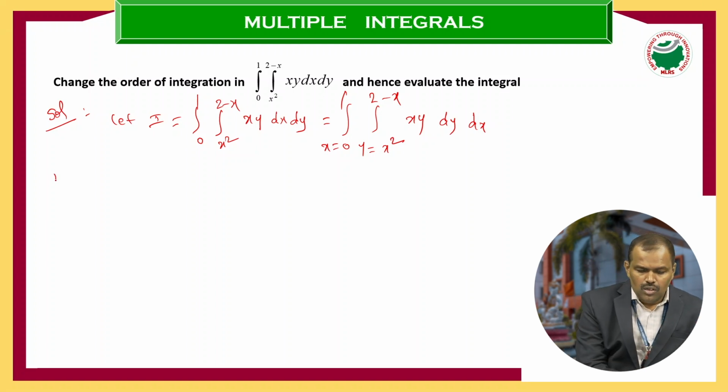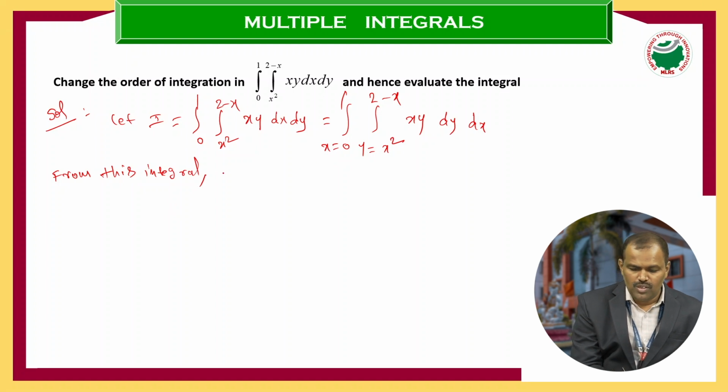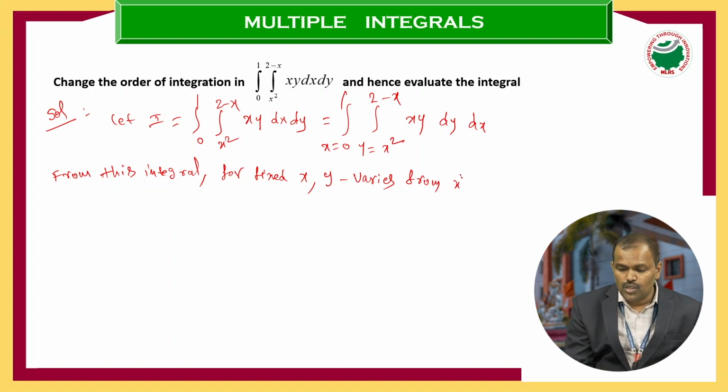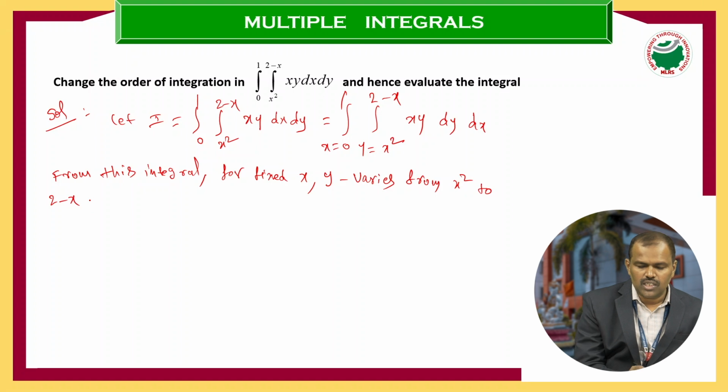From this integral, we have to write the status. What are the fixed limits? What are the variable limits? For fixed x, y varies from x squared to 2 minus x, and x varies from 0 to 1.